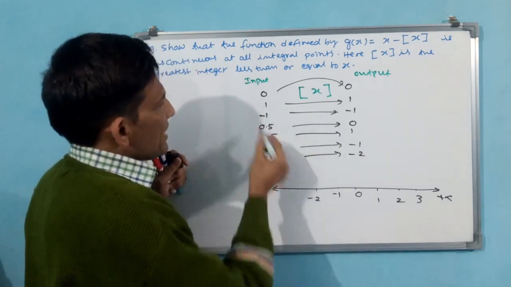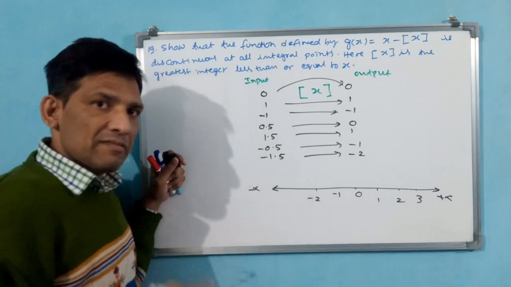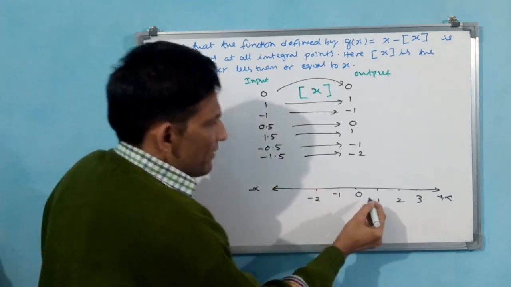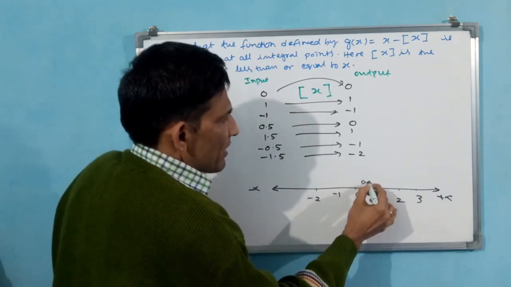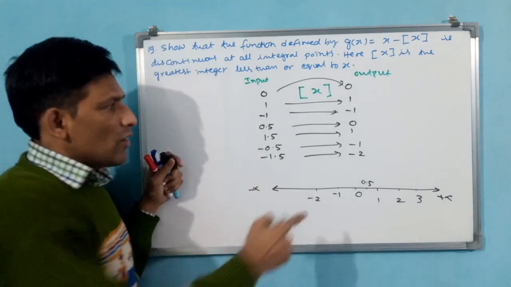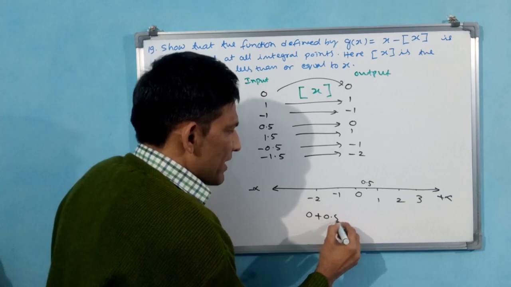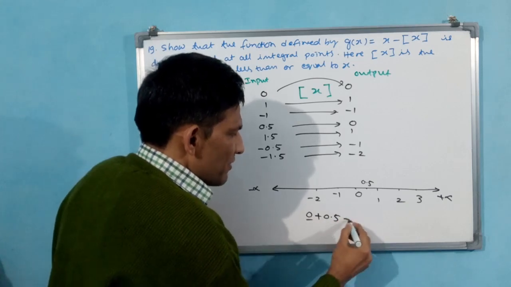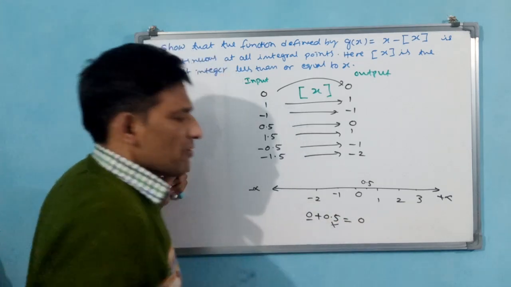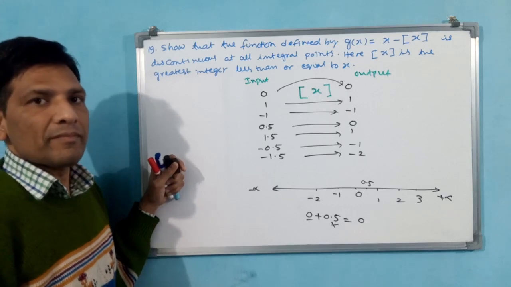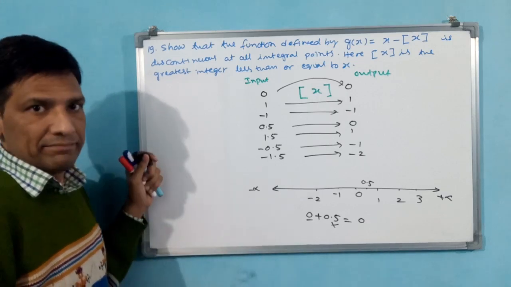Minus 1 you have given, minus 1 is given out, because minus 1 is an integer. 0.5 you have given, but 0.5 it will split: 0 plus 0.5. The integer is 0. It will give only 0 and omit 0.5.